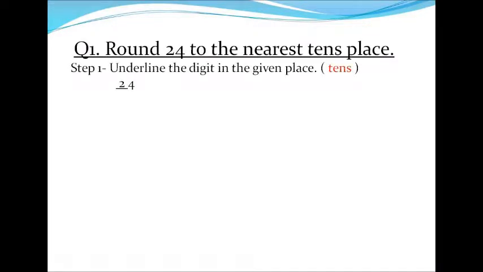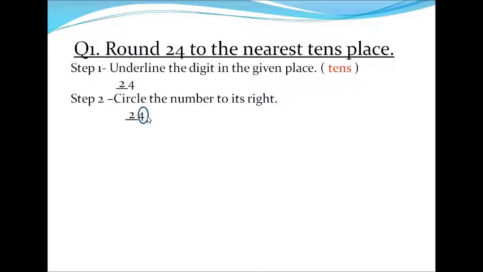Now when we have to round the numbers, the first thing we should do is always underline the number which is in the tens place. 4 is in the ones place, whereas 2 is in the tens place. So we have underlined the number in the tens place. The next step is you should circle the number to the right of the tens place. The number to the right of the tens place is 4.